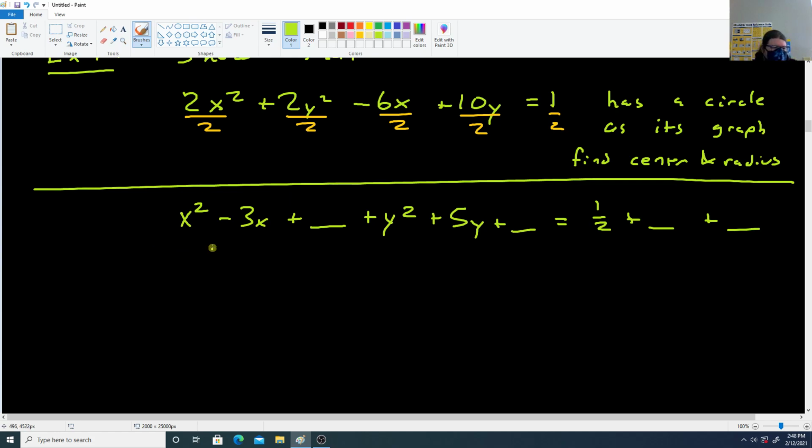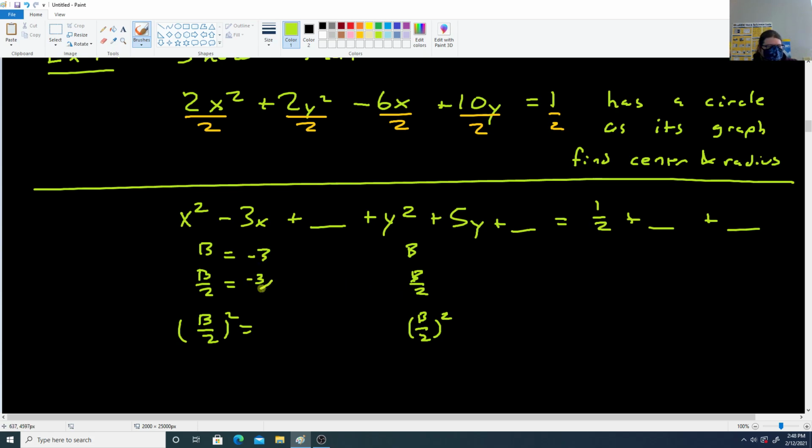So we're going to do b over 2, and b over 2 squared for the x's. And then we'll do the same thing for the y's. We need to find b over 2, and b over 2 squared for the y's. For the x's, b is negative 3.